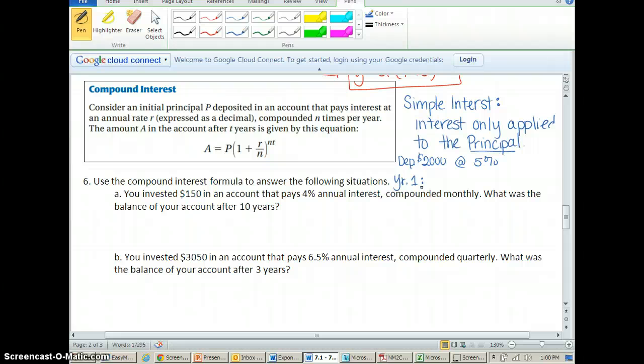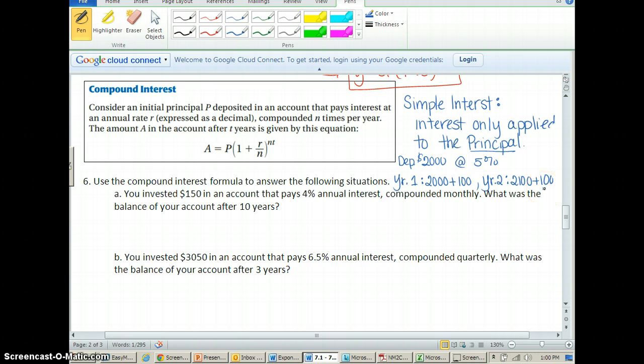I think I want to say $100, but let's double check that. 2,000 times 0.05. Right, it's $100. So we get 2,000, my initial, plus $100. Now, year two, I have now 2,100. But I don't get interest on this $2,100. I still only get it on my $2,000. So I'm going to get another $100 and so on.